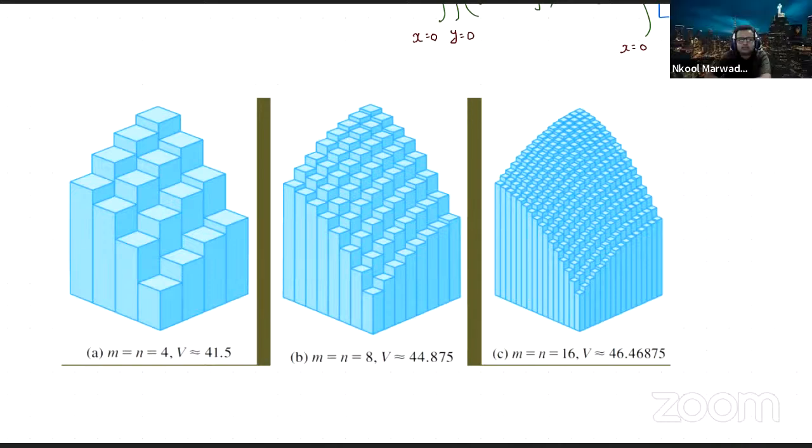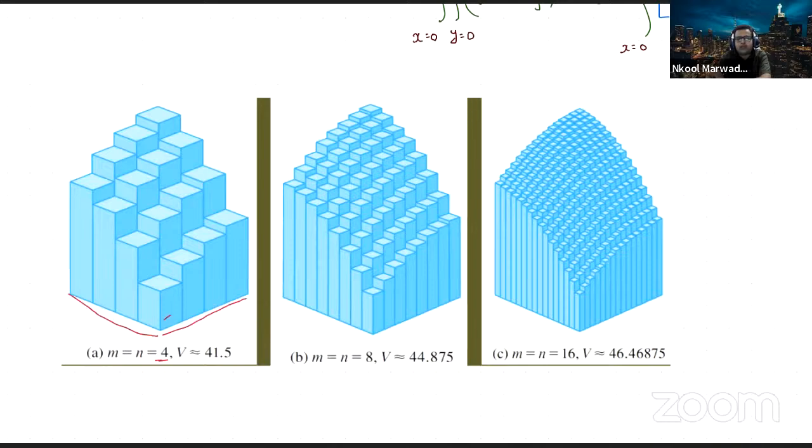Here m and n is 4. So it means we have 4 rectangles along an axis: 1, 2, 3, 4. 1, 2, 3, 4.